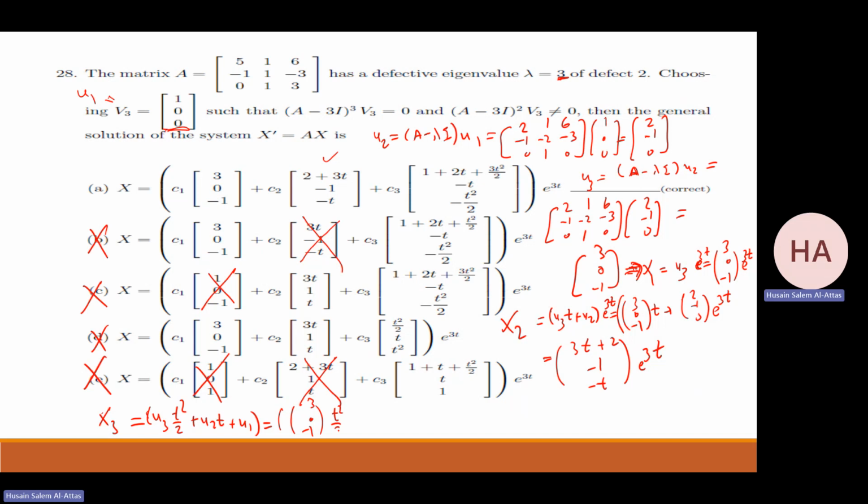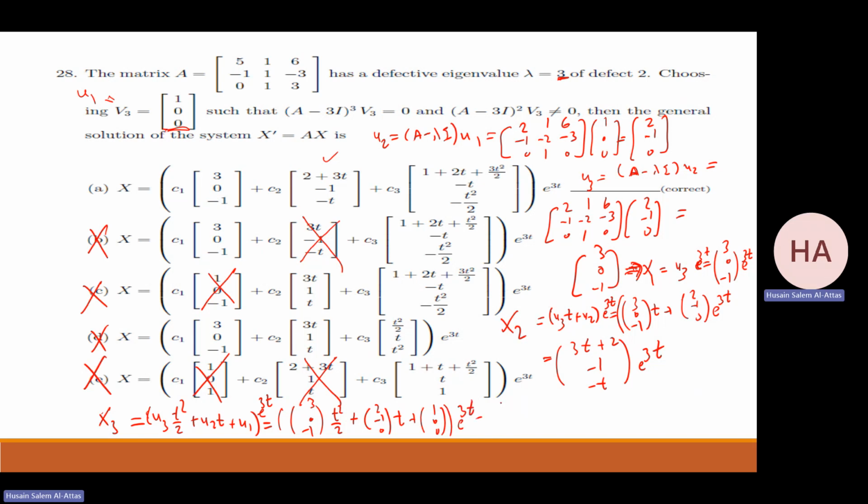T squared over 2. That will get here 3t. Plus U2. U2 is what? 2, minus 1, 0 times t. Plus U1, which is 1, 0, 0.